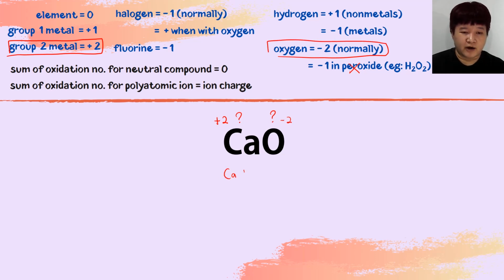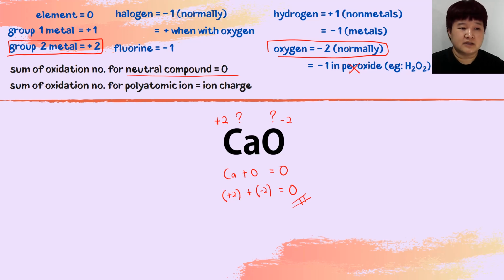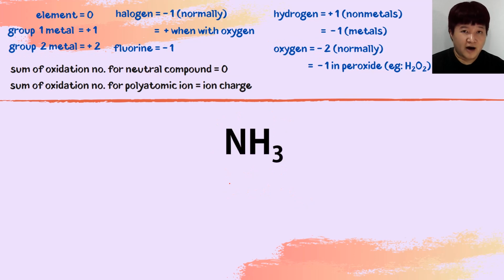To prove that right, we just need to add it up and it must equal 0 because it's a neutral compound. So your calcium holding +2, your oxygen holding -2, obviously equals 0. That again proves that your group 2 metal must be +2, your oxygen will be -2 when it's not in peroxide.